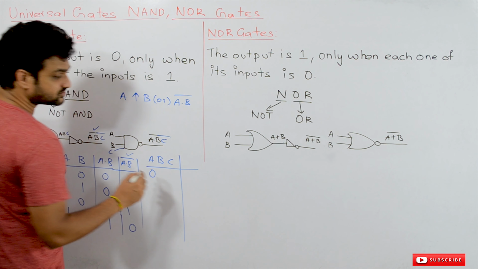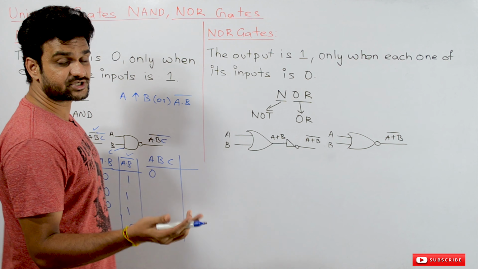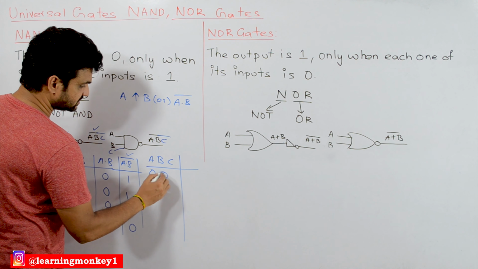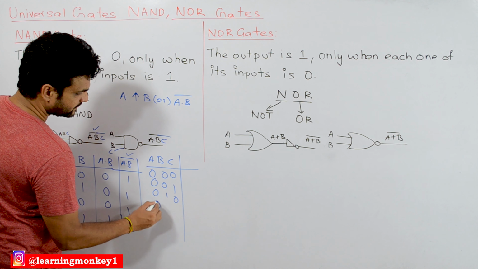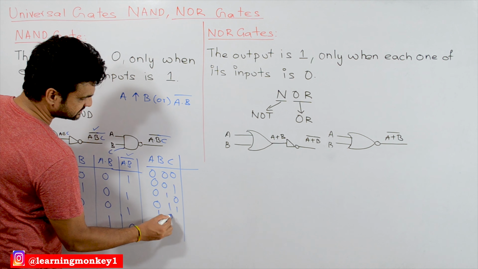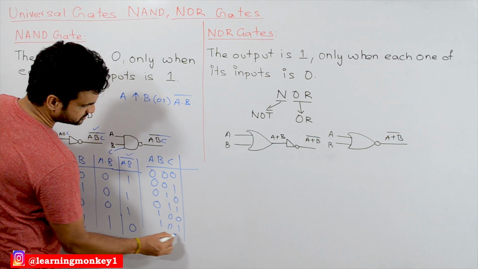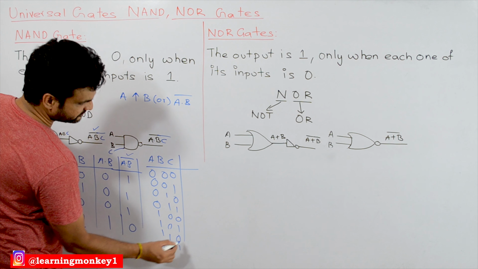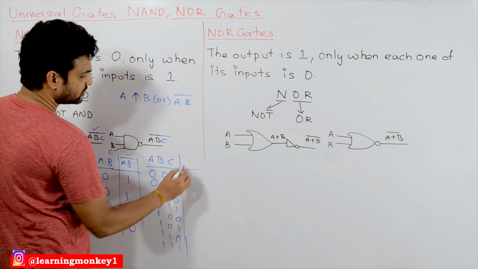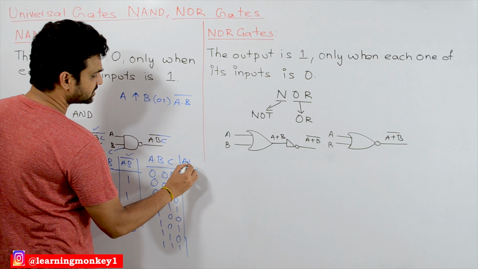The combinations are 2 power 3, which means 8 combinations: 0 0 0, 0 0 1, 0 1 0, 0 1 1, 1 0 0, 1 0 1, 1 1 0, 1 1 1. These are the 8 combinations. What is the output of A dot B dot C?